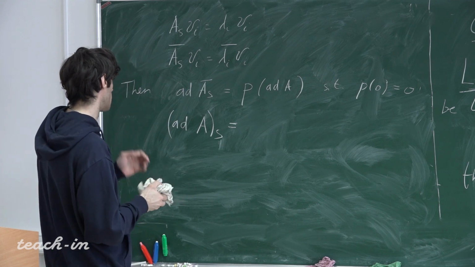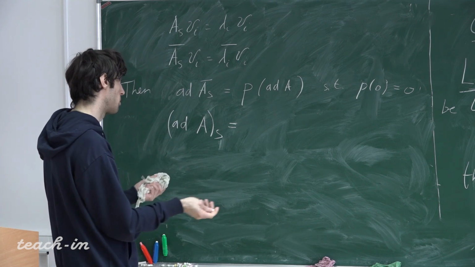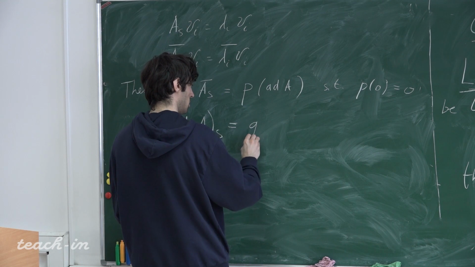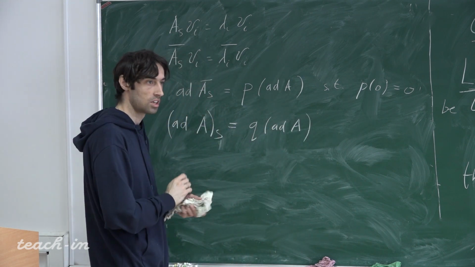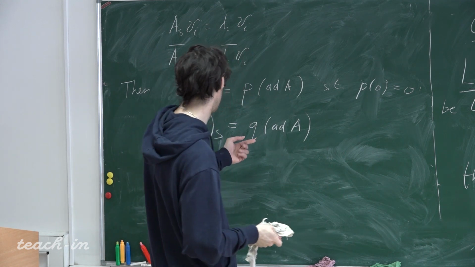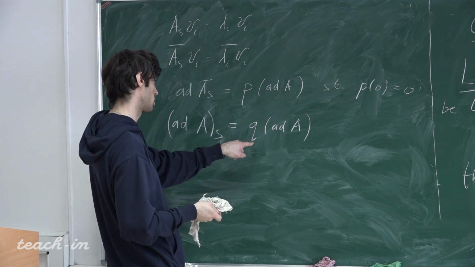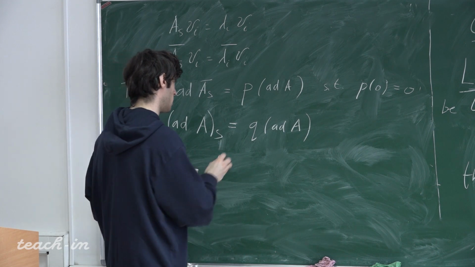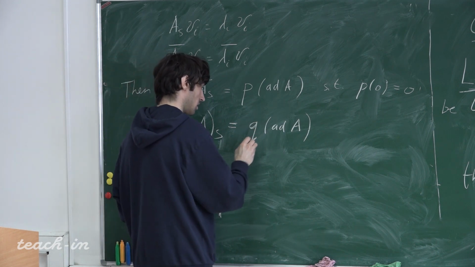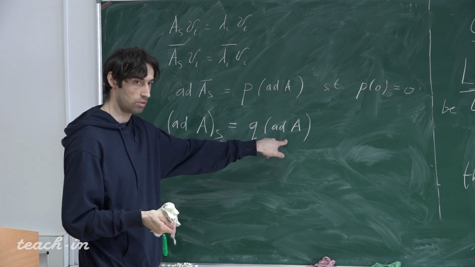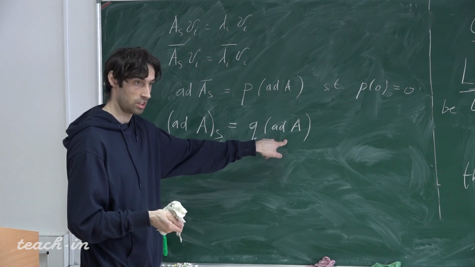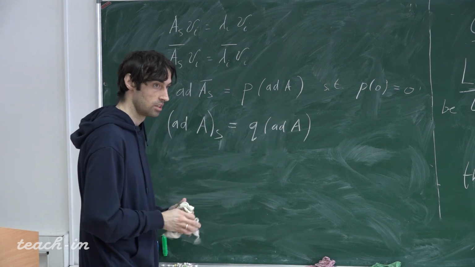And this is some polynomial of this. Just because of Jordan decomposition, we know that the semisimple part is a polynomial of the original linear operator.